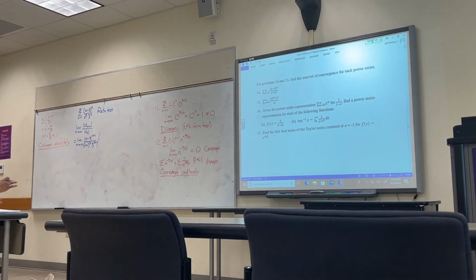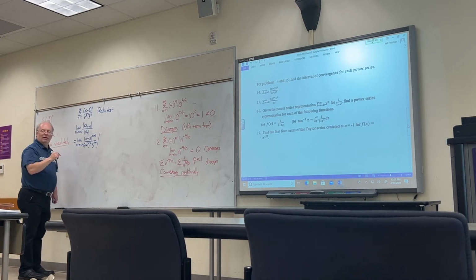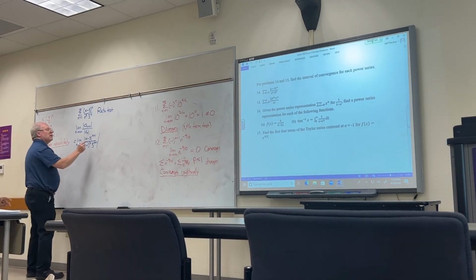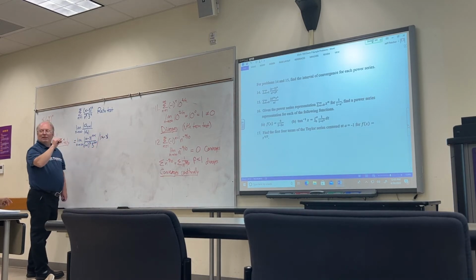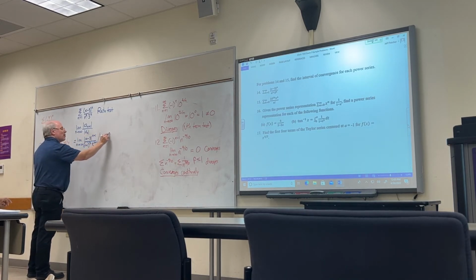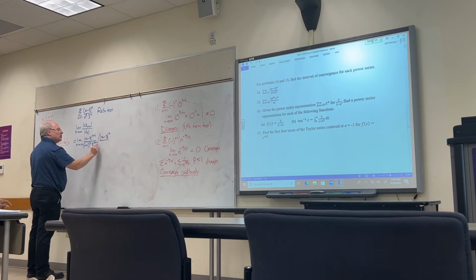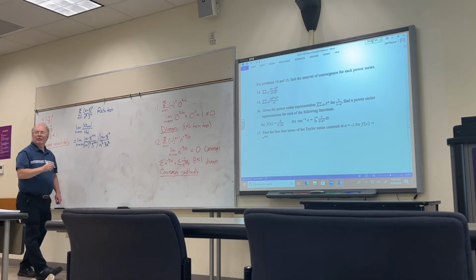And then we divide that by the absolute value of the nth term. So it's going to be absolute value of x minus 3 to the nth power over n cubed times 3 to the n.